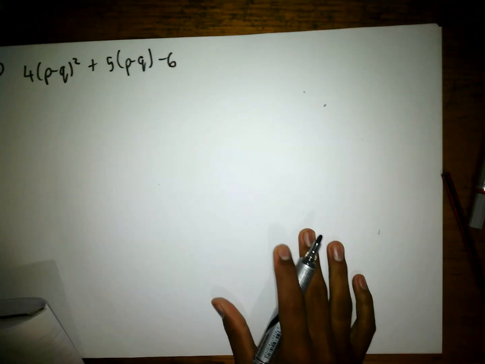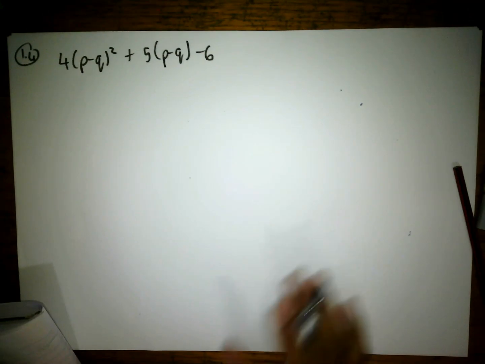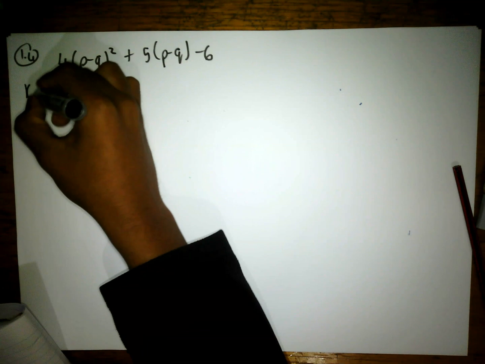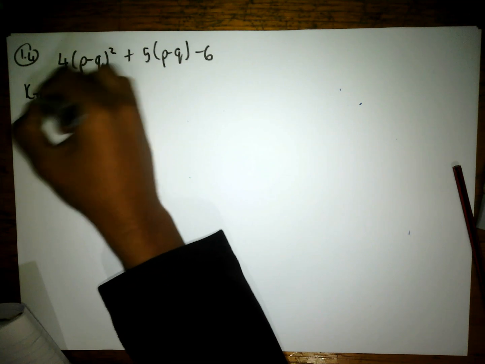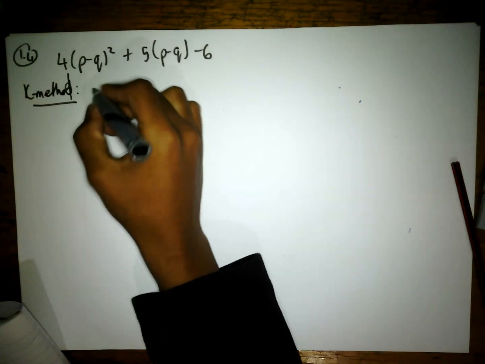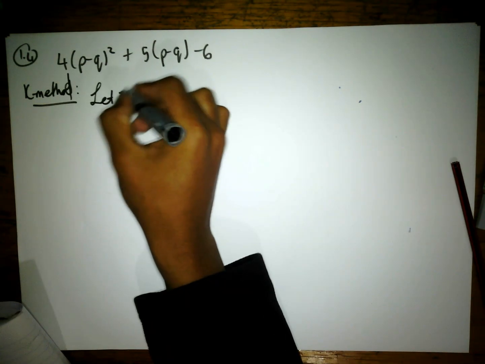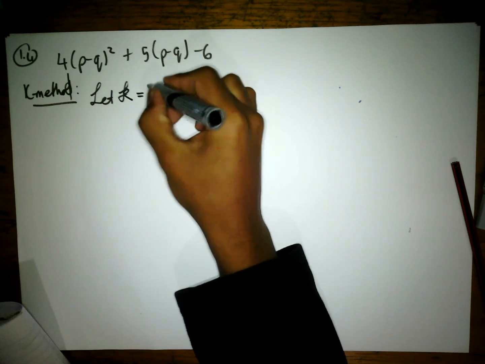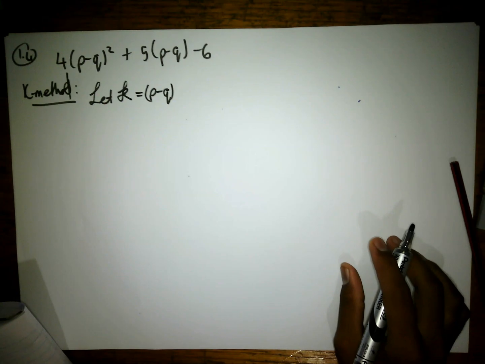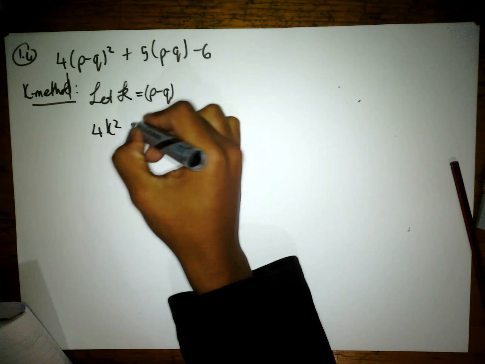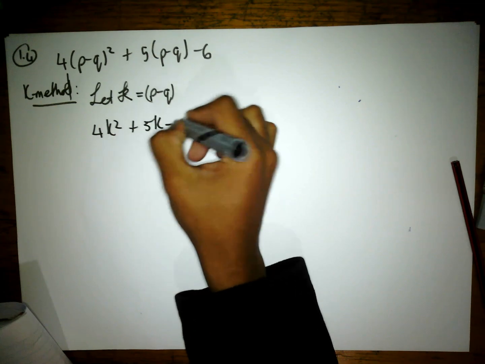When you see this, don't worry about the letters, because we have a thing called the K method. The K method says we can let K equal p minus q. I hope everybody knows what the K method is. So then we have 4k squared plus 5k minus 6.